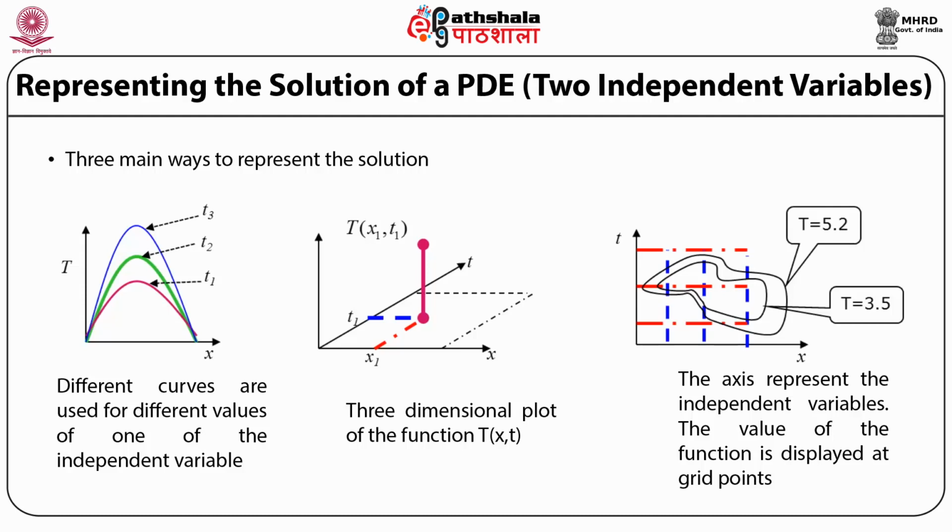The third way is to see how the heat profile for a particular temperature is flowing. Let us say these are temperature curves of maybe 100 degrees, and then at time t is equal to 3.5, the heat was only in the inner curve, and at time t is equal to 5.2, it became a bigger curve. So there are different modes of representation of the results.